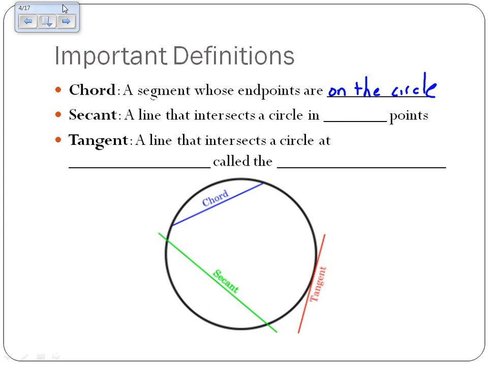Twice. In 2 points. The other thing that's important to know about a secant is that usually it will extend outside of the circle. Because if it didn't keep going, it would be a chord. Does that make sense? The secant is just a longer version of the chord.